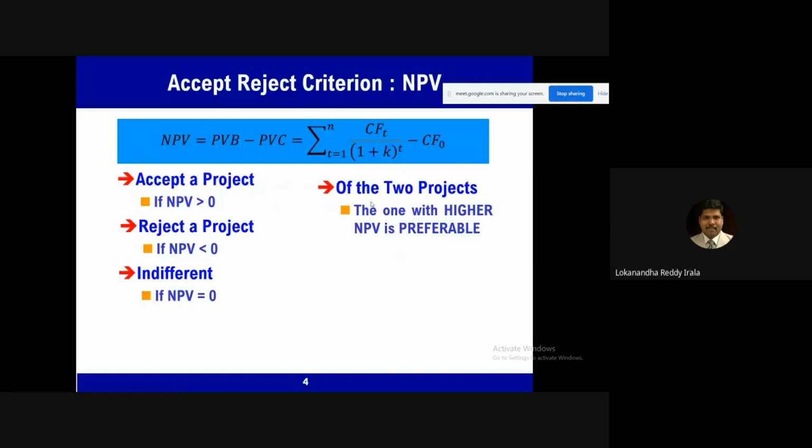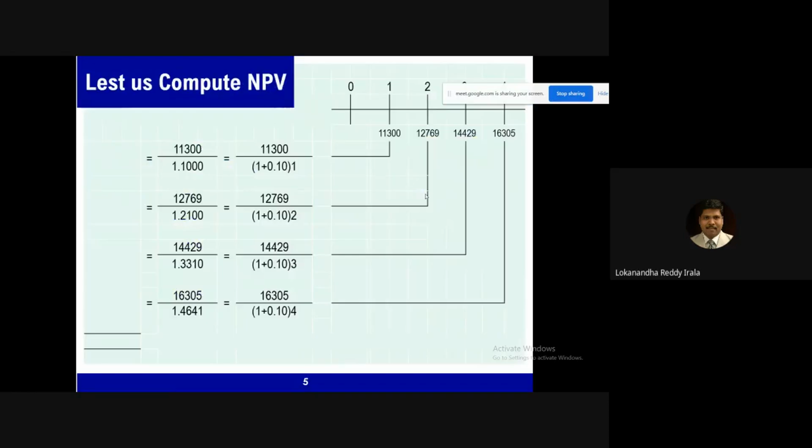So now let us calculate the NPV for the present problem at hand. You know this timeline. We have 11,300 happening at the end of year 1, 12,769 at the end of year 2, 14,429, and 16,305.